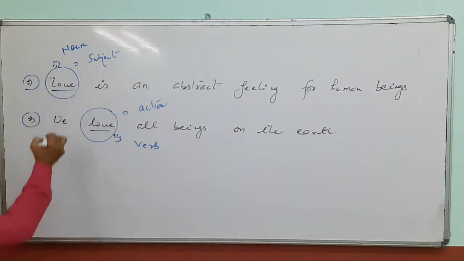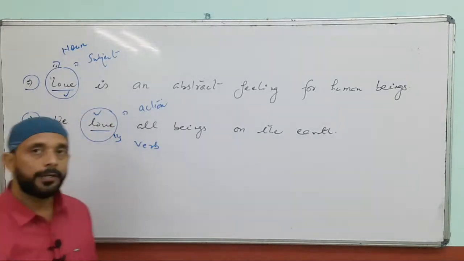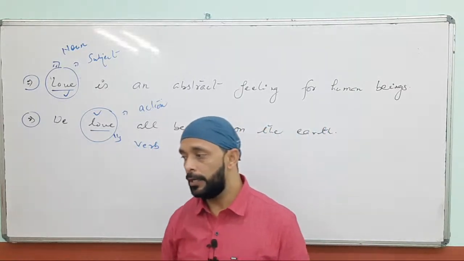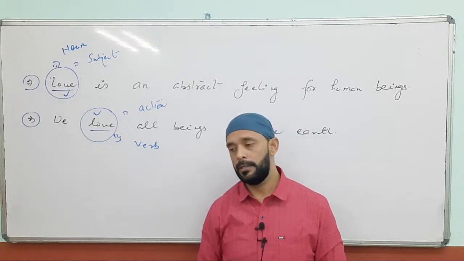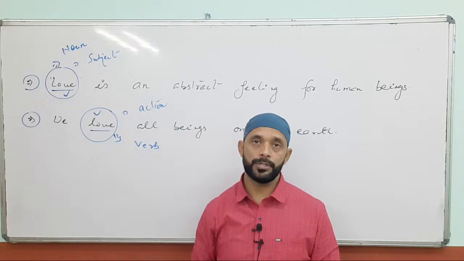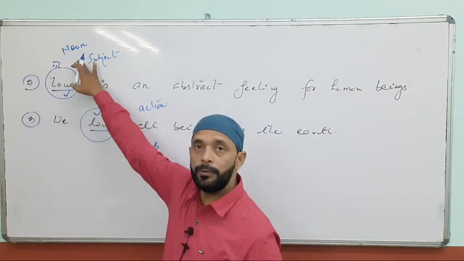So love in both examples is functioning differently. In the first sentence, it functions as a subject, and in parts of speech, the function of noun and pronoun is to be used as a subject. So naturally, love is here a noun.